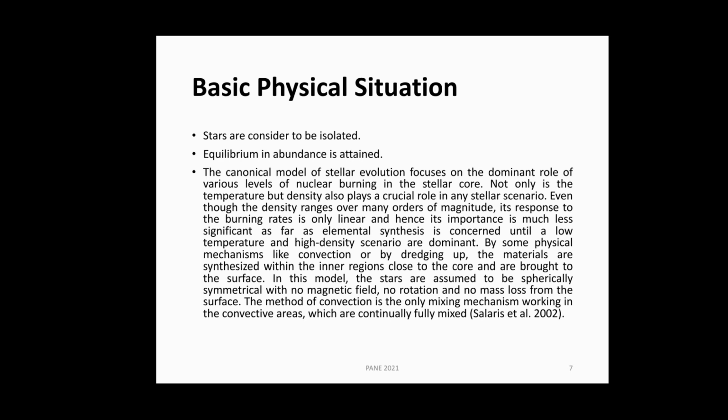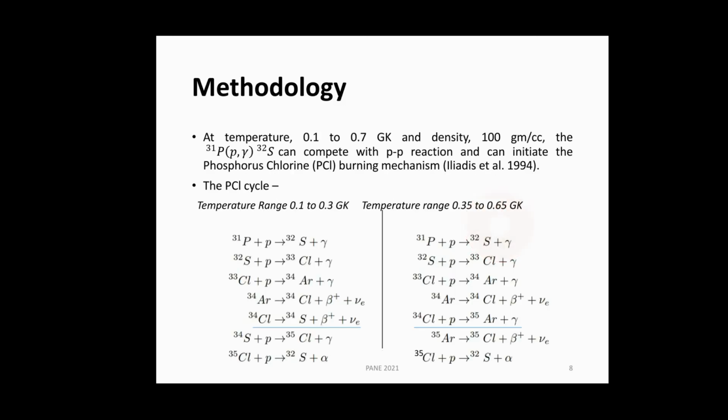Convection is the only mixing mechanism working in the convective area. Consider the evolutionary scenario for the burning mechanism of the star, where the elements are produced in the core of the star and brought to the surface of the star by convection.